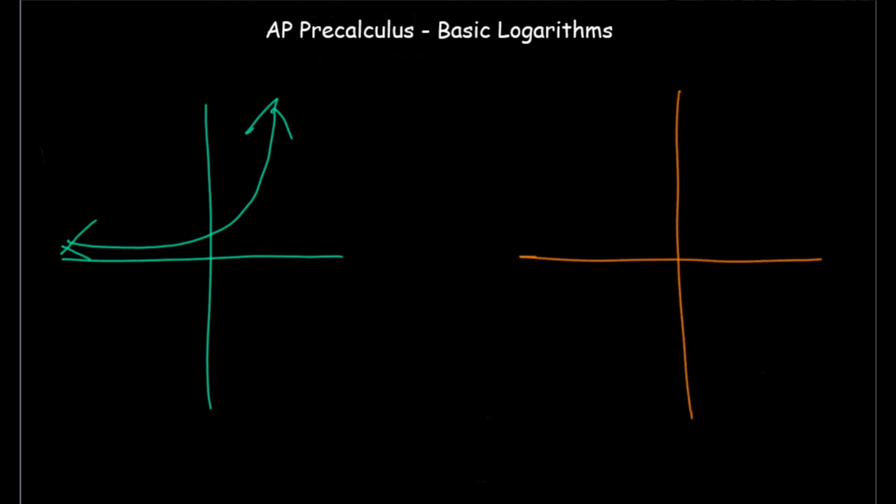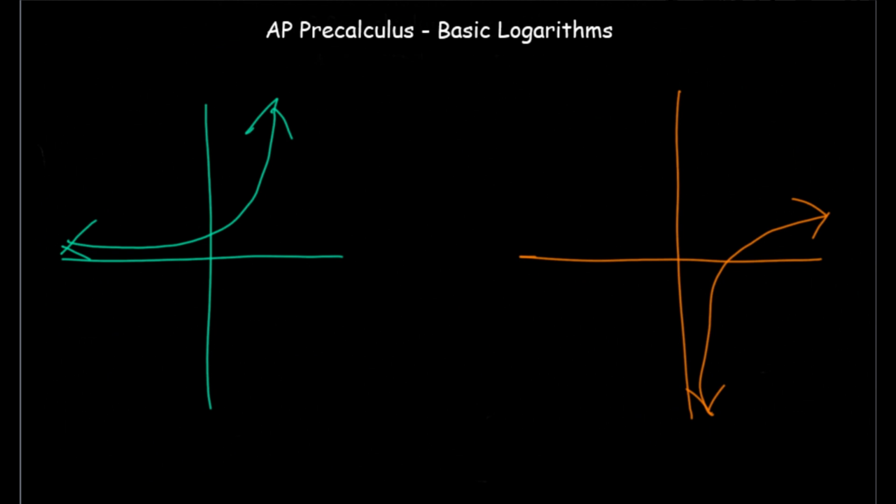Well, as discussed earlier, logarithms are the inverses of exponential functions. So you can kind of understand what it's going to look like, but if not, it's going to look like this. That's a little messy there, and let me show you why.